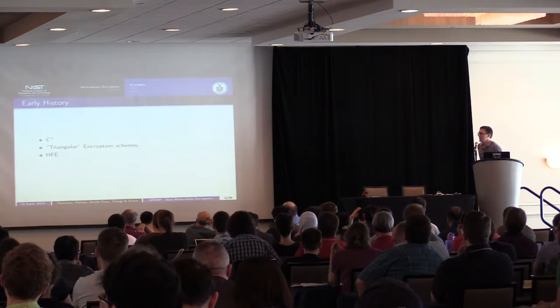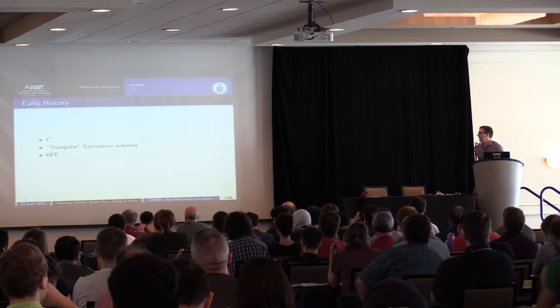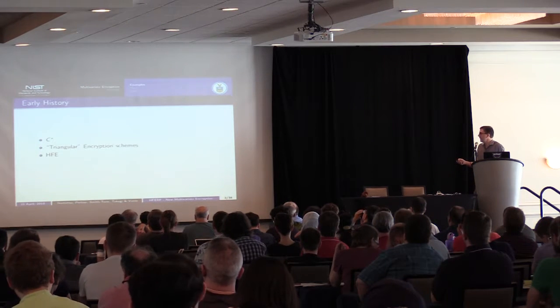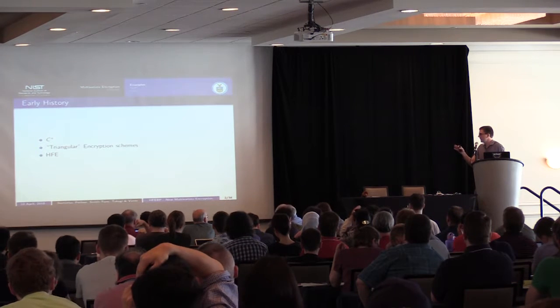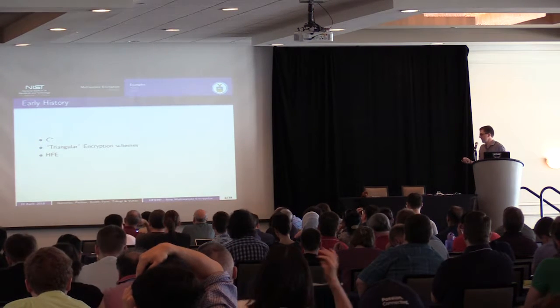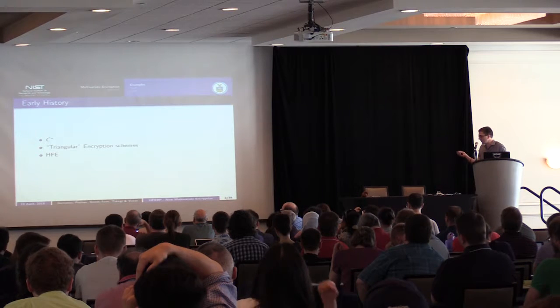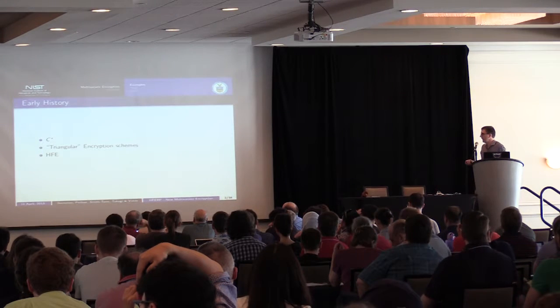So if we focus specifically on encryption, the early history, I think there are three main families of encryption schemes. That would be C star, the original one.